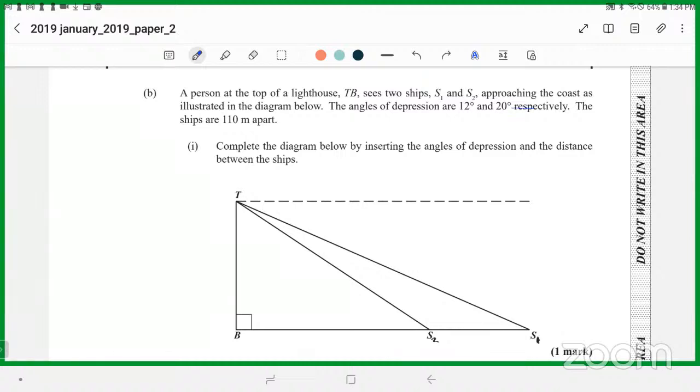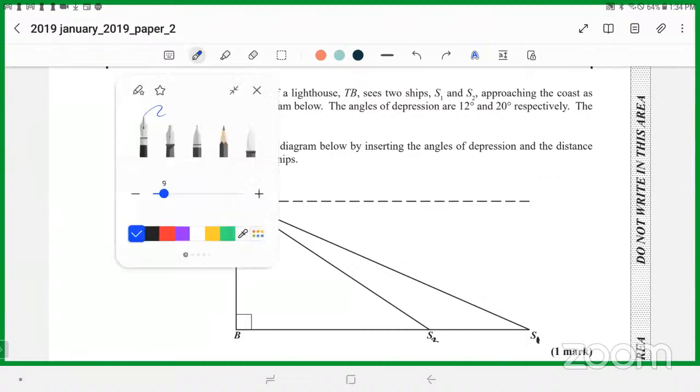Because I use the word respectively, we'll have to say the 12 has to do with S1 and the 20 has to do with S2. And that's why the diagram must be wrong. Because the angle of depression is measured from this horizontal line looking down, the 12 degrees must be less than the 20 degrees, right? So this angle is 12 degrees looking down, right here.